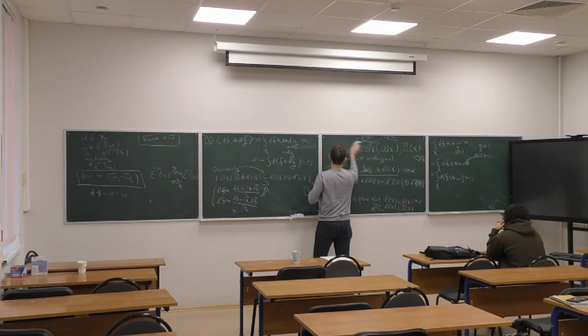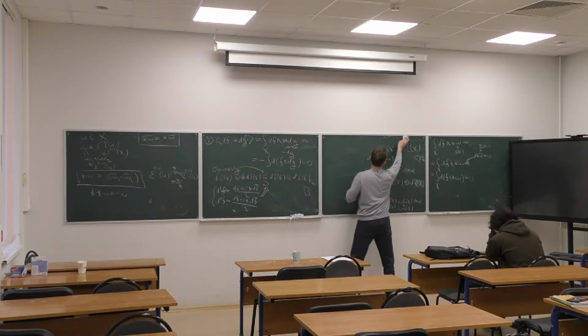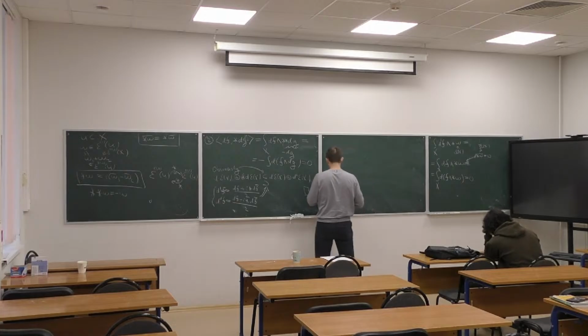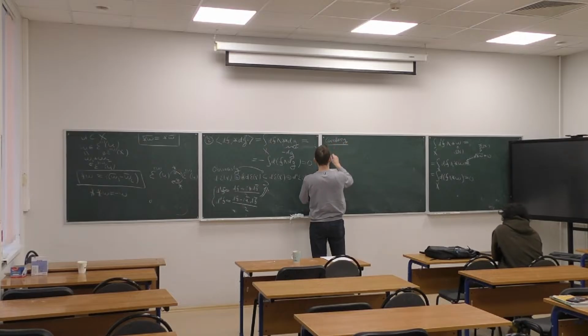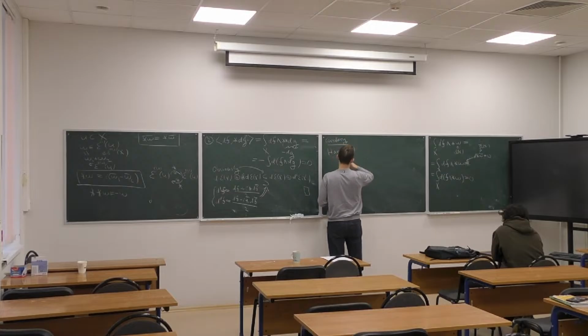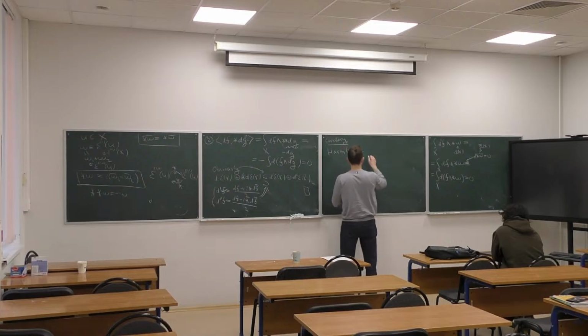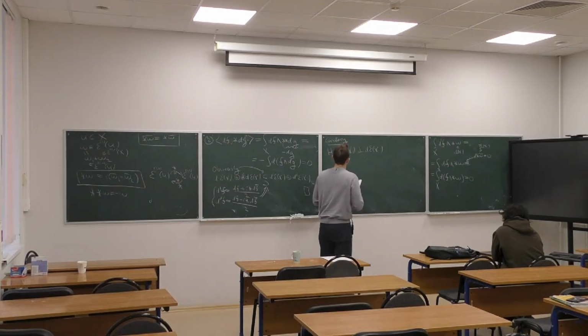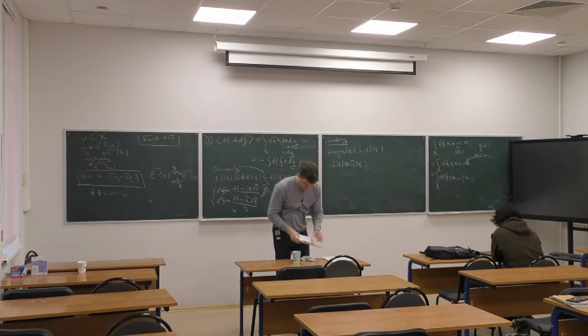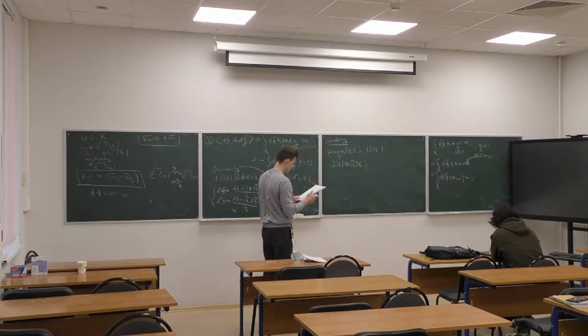So we get the corollary that harmonic forms are orthogonal to d, just because harmonic forms are the sum of holomorphic and anti-holomorphic forms. Okay.